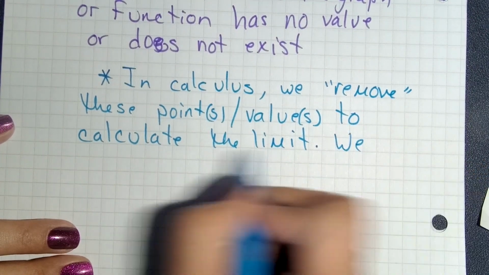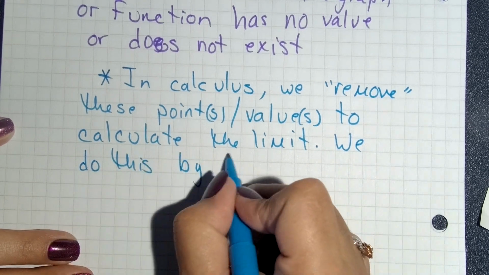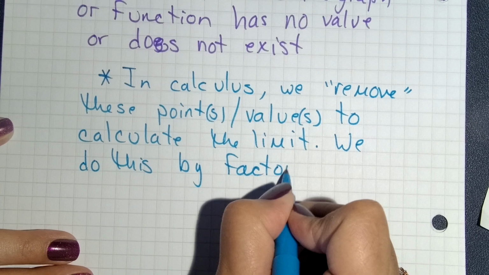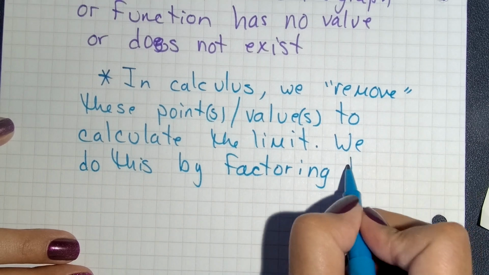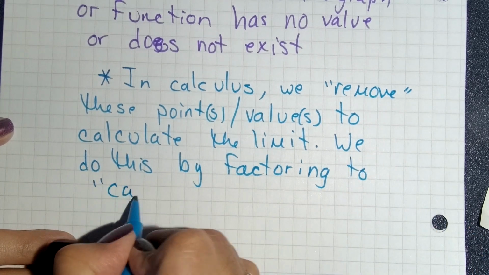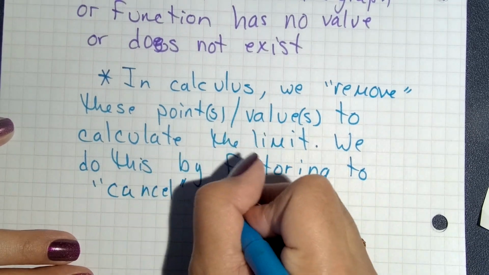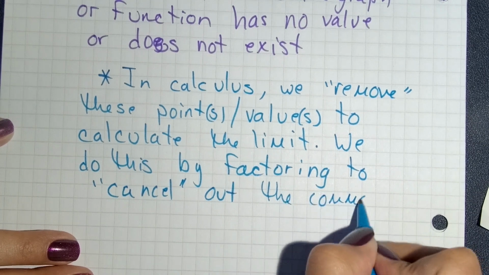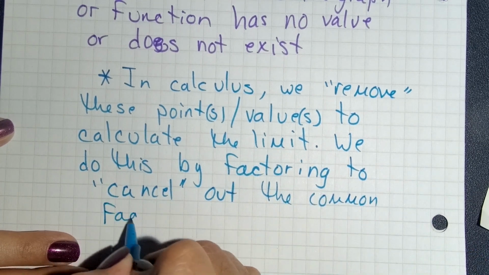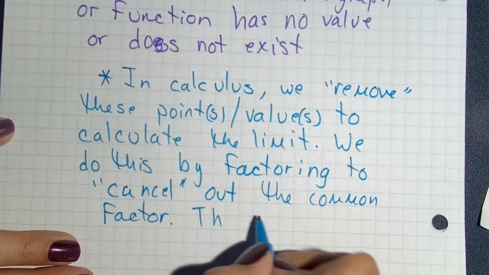We do this by factoring. Now we know why I had you all factoring last week, to cancel out the common factor, like I did in that example. And then we can use the limit rules.